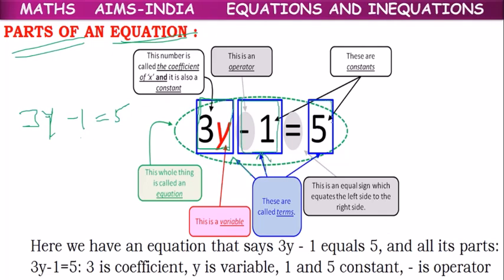This 5 on the right hand side is another term. On the left hand side we have two terms, and on the right hand side we have one term. So an equation has some terms on the left hand side and some terms on the right hand side.